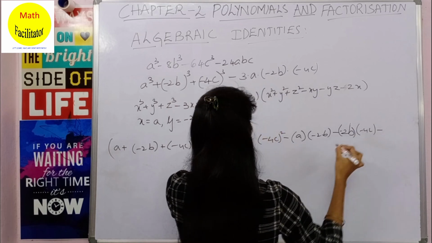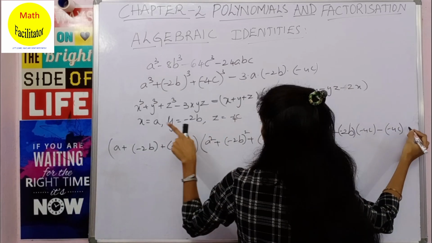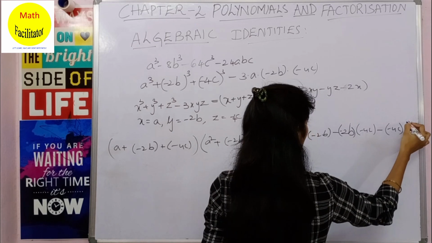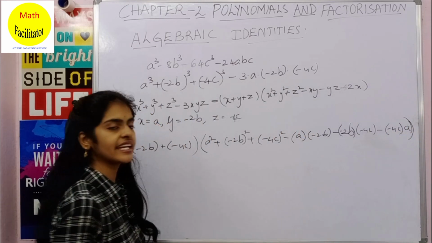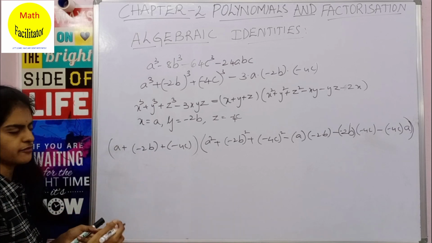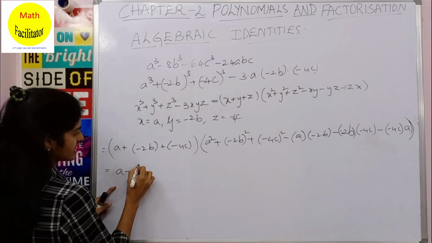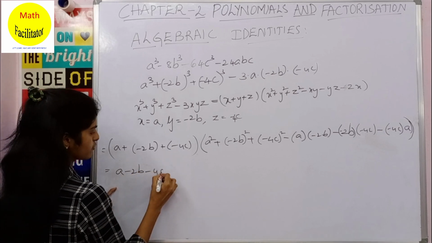Clear? And then you have minus zx, so it is minus 4c into a. While substituting you have to be very careful because all these are algebraic expressions and you may get confused. So this is nothing but again a, plus into minus is minus 2b, plus into minus is minus 4c.